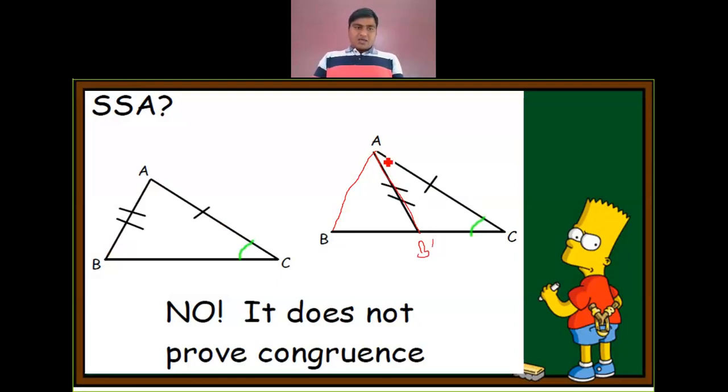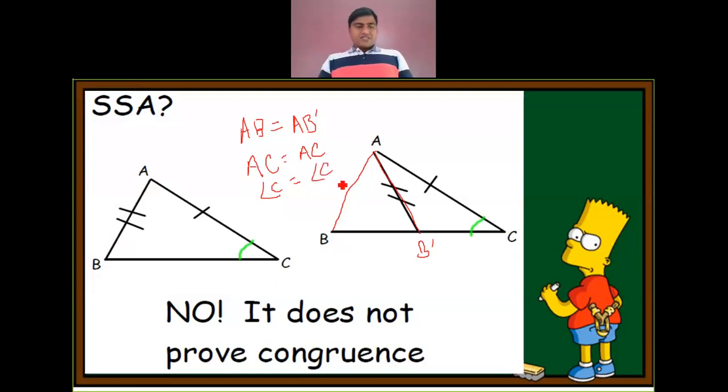So in the triangle, AB equals AB dash, AC equals AC in this triangle, and angle C equals angle C. These angles are not included angles.